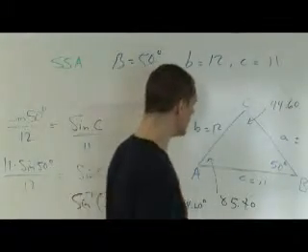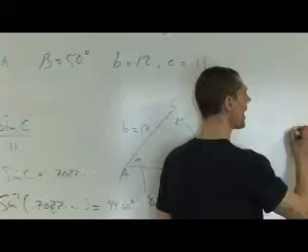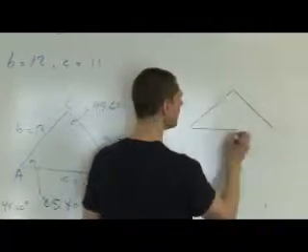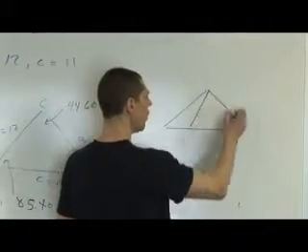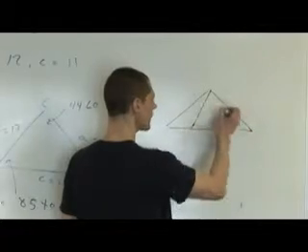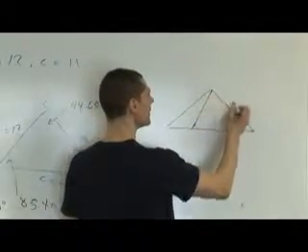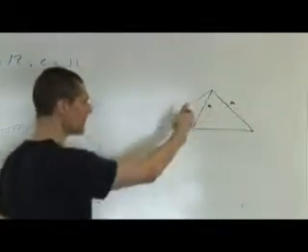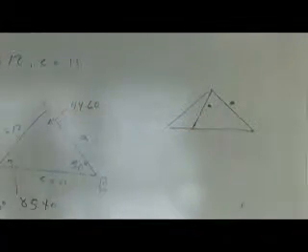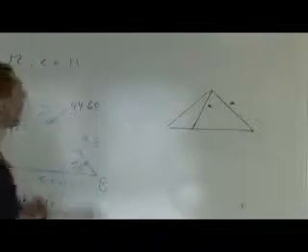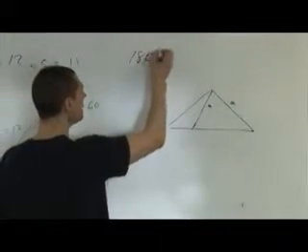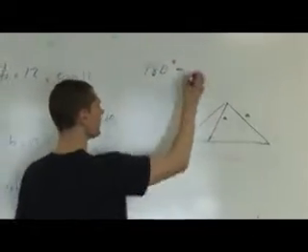What if this was the case? Remember when we had one that looked possibly like this or this? We didn't know which one it was going to be. This could be A and this could be A. We have this swing out. Basically, it's going to be this one, or it's going to be 180 degrees minus this one, right?